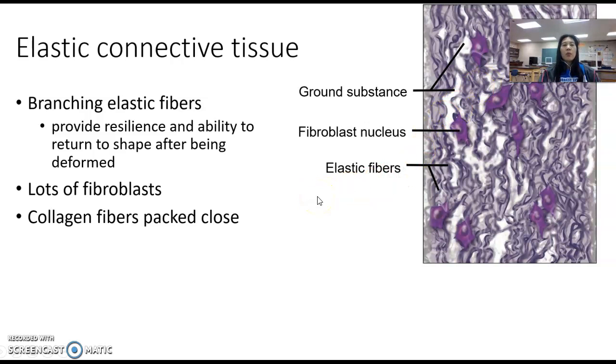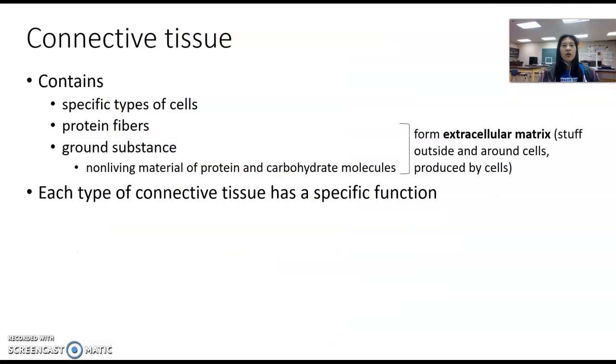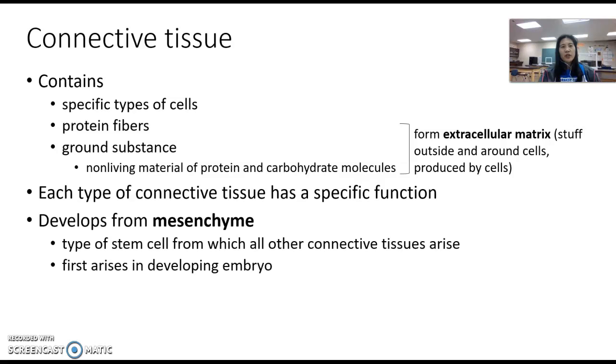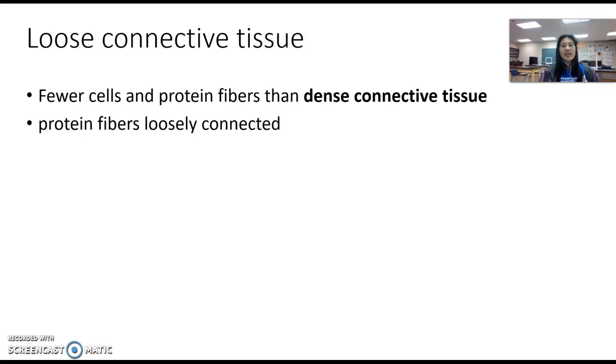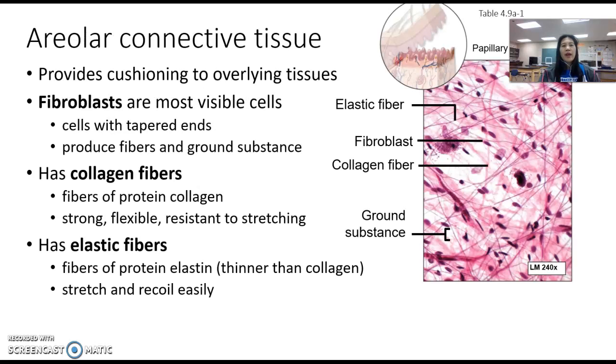Let's go back to our summary. Connective tissues contain specific types of cells, and they are specific in function. So one type of connective tissue is called the loose connective tissue.